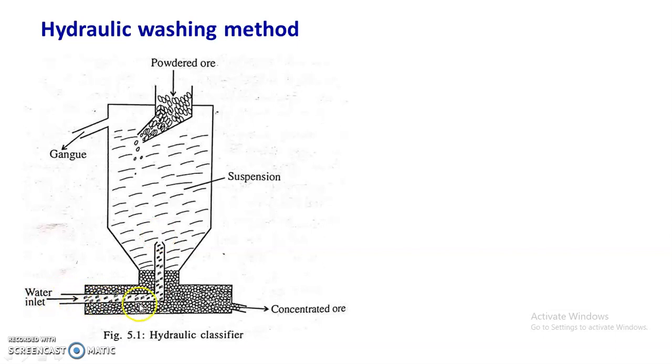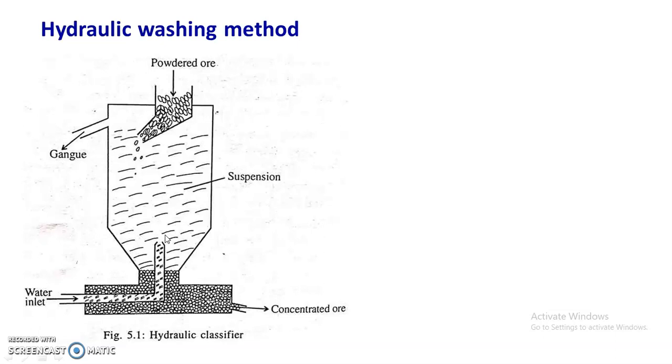There is a provision for inlet of water from the bottom, and there is an outlet at the top from where gangue particles are removed. So first of all, ore is charged from the top. Then a powerful stream of water is introduced from the bottom of this reservoir. From here the water stream is allowed to come in.